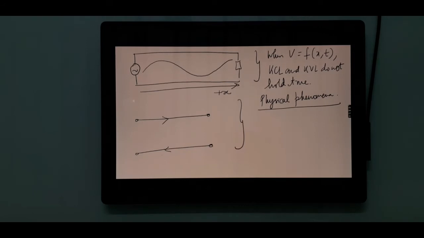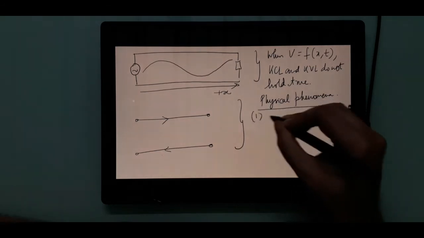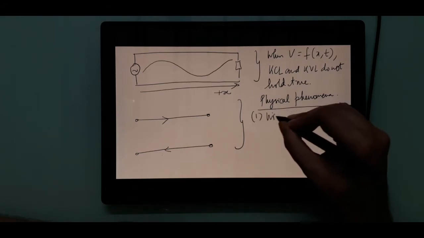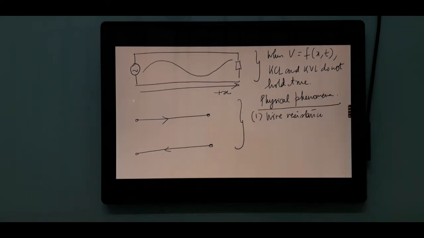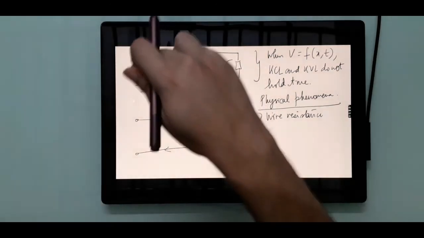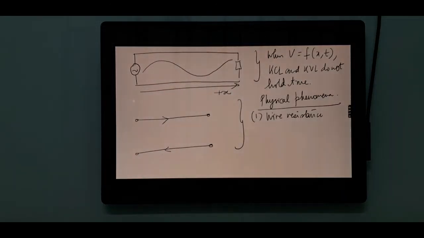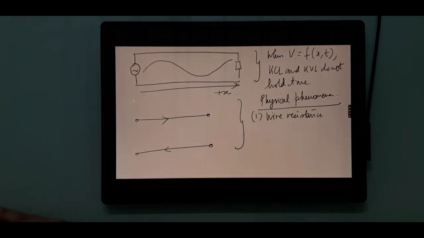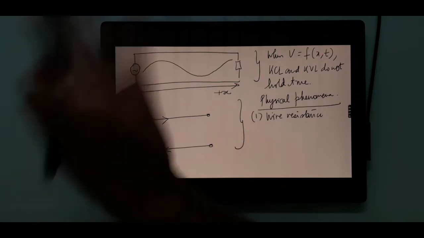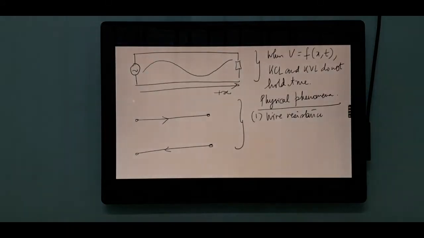Every piece of wire, no matter how good of a conductor it is, always has some small non-zero resistance. So therefore, the first phenomenon that can happen is wire resistance. Now, what is the nature of this current? As you can see, the voltage is sinusoidal, so therefore the current will also be sinusoidal, or some version of it if the load is a normal load.